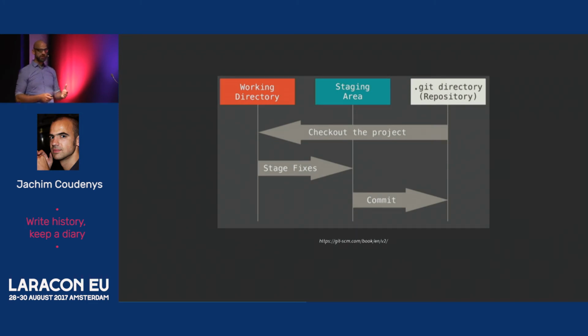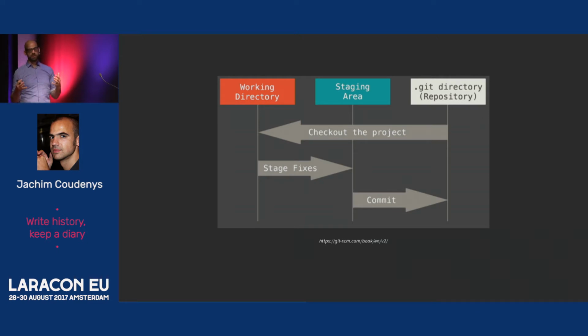And the most important thing is the different stages. So you have your .git directory. That's the complete version database that you downloaded from the server or got from another user. When you check out the project, it will create a snapshot of the state of the files and put it in the working directory.